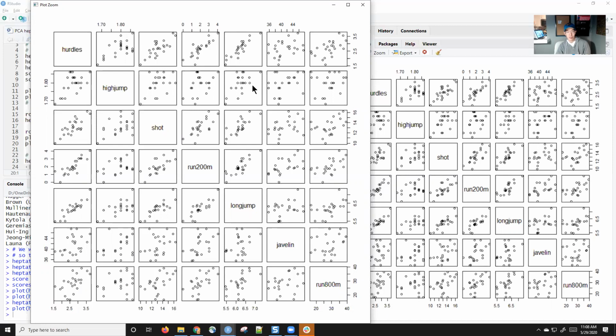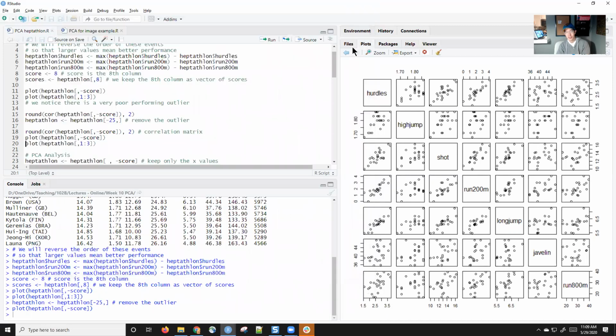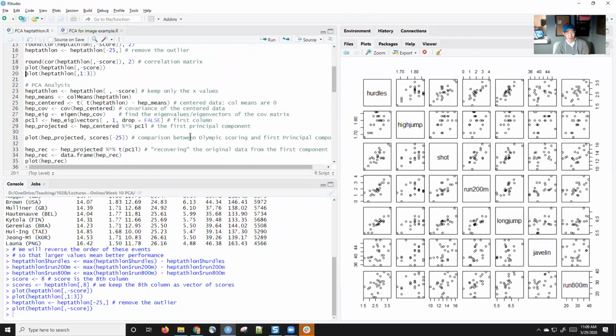The long jump and the hurdles have high correlation, but other things that you might not have expected, like the 200-meter run and the shot put, actually have a fair amount of correlation. Shot put and long jump also have a fair amount of correlation, which you feel like, oh, well, I don't know anything about track and field, but you feel like those are different things, but there's a fair amount of correlation there.